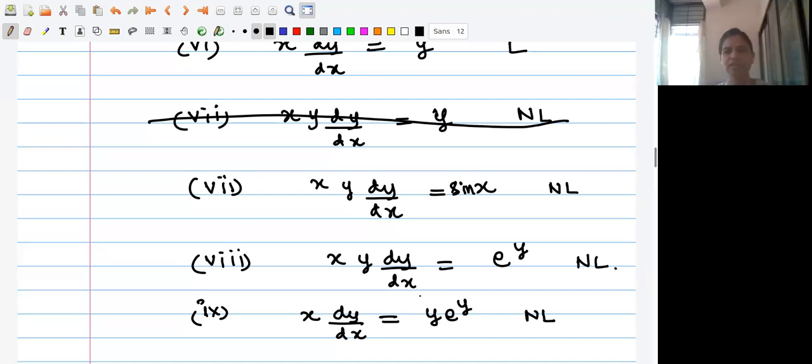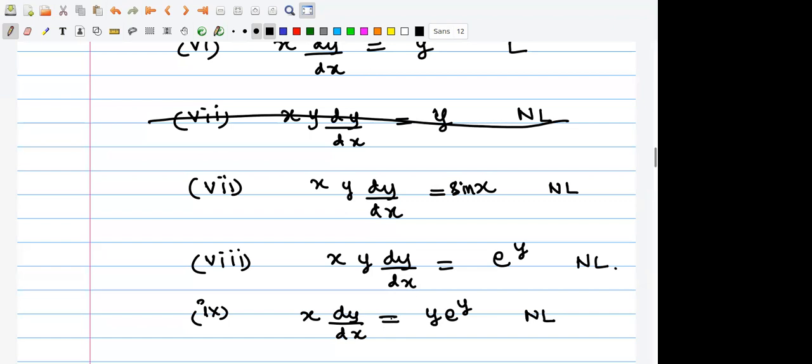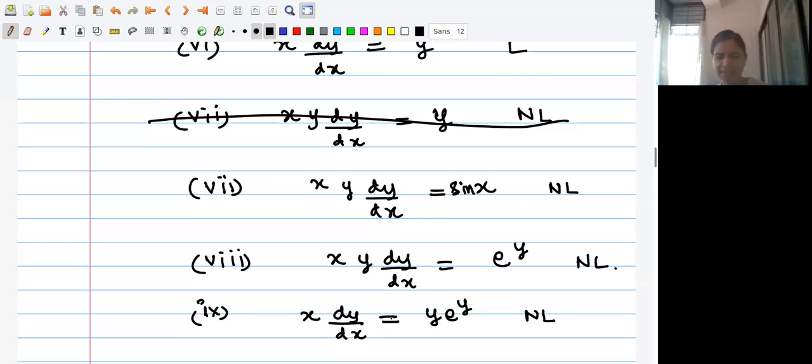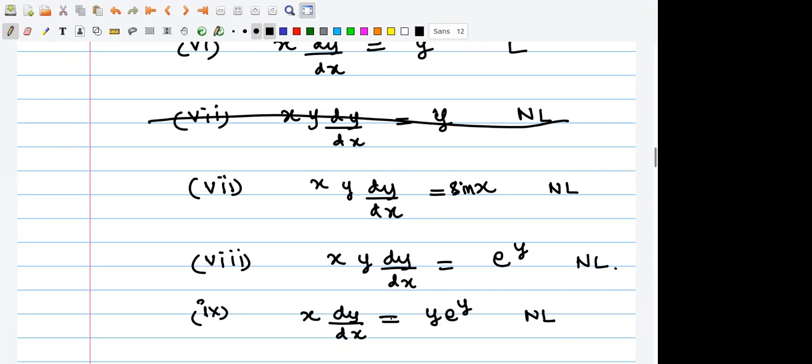Why? Because you look at it as a function of y and all its derivatives. That should be a linear function. But this is not. Why? Because there is y e to the power y appearing here. Is this okay? Some derivatives of y should also be linear.